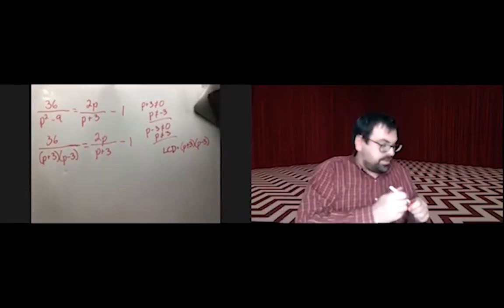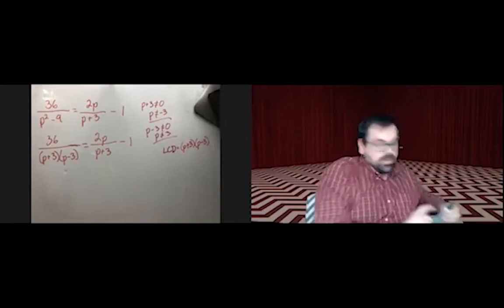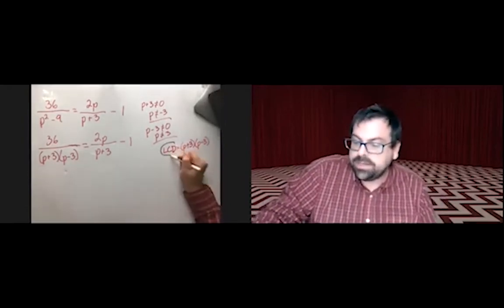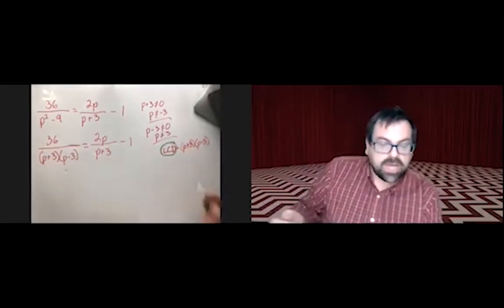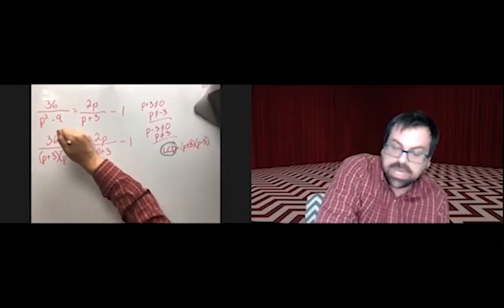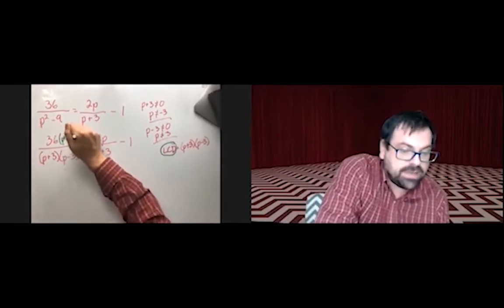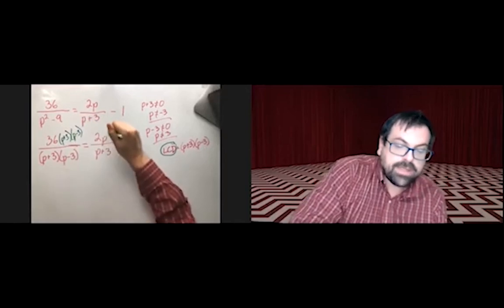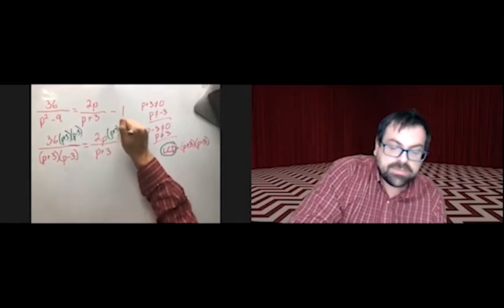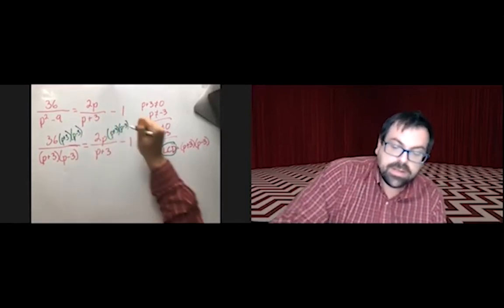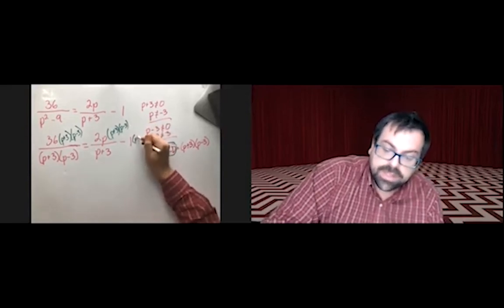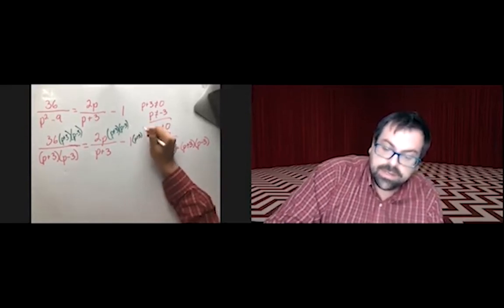So what do we do with our LCD? We put it in the top everywhere. So times p plus 3 times p minus 3, times p plus 3 times p minus 3, times p plus 3, p minus 3.